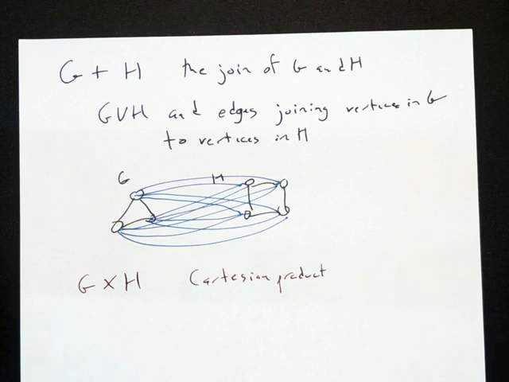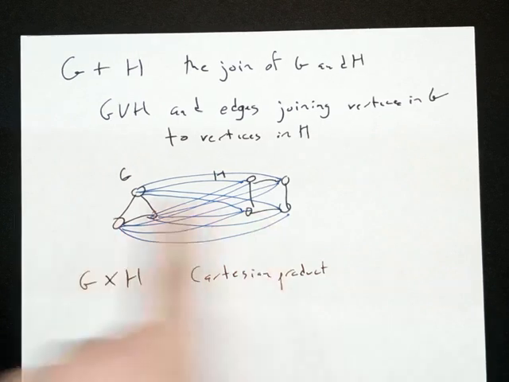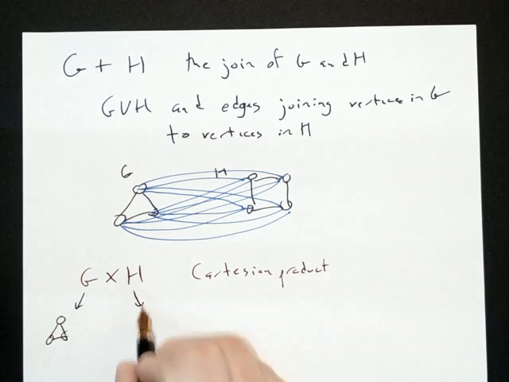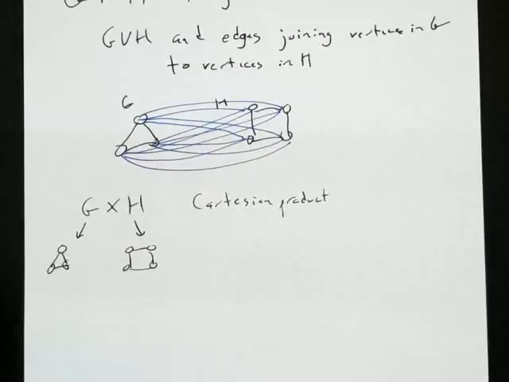To make a Cartesian product, take all of the corners in one of them and replace it with a copy of the other. Let's use our triangle and our square again. So if I want to do the Cartesian product of these two, I can do it two different ways. I could either take 4 triangles.